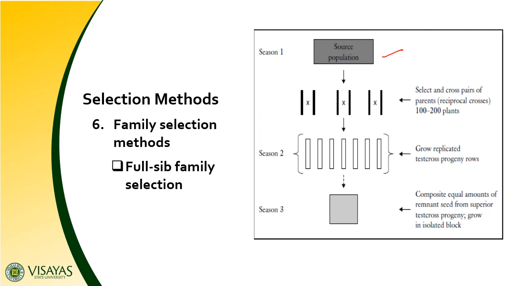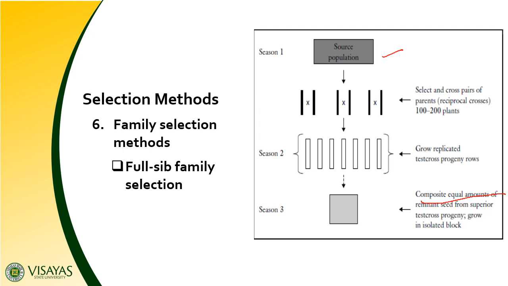So in here, from the test cross progenies that you select, you get the remnant seeds from the source population. So you get remnant seeds, then you have equal amounts of remnant seeds. So for example, in this season 2, you selected 5 plants.